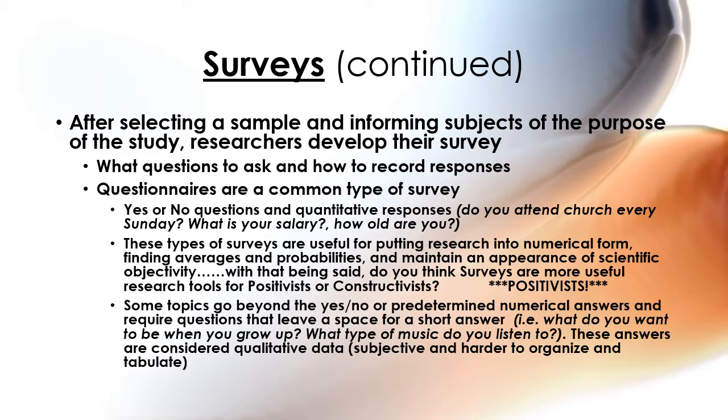Or how old are you? So these types of surveys are most useful for putting research into numerical form, finding averages and probabilities, and maintaining that appearance of scientific objectivity.